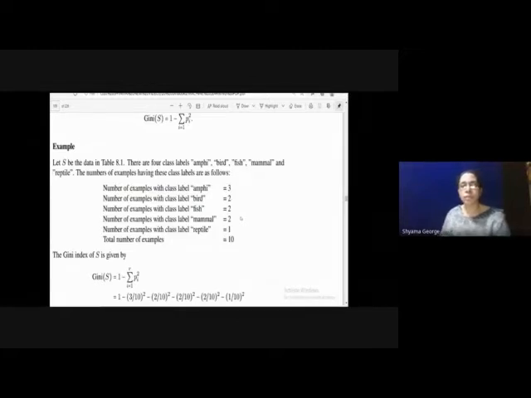Based on this, we can find out the Gini index, that is 1 minus sigma i is 1 to R Pi the whole square. So for this database, it is 1 minus 3 by 10 the whole square, minus 2 by 10 the whole square, minus 2 by 10 the whole square, minus 2 by 10 the whole square, minus 1 by 10 the whole square.